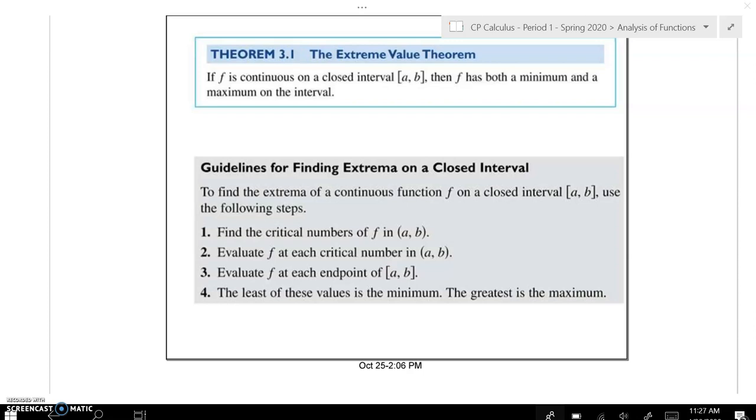What we're going to focus on today is the critical number part of all that, because the critical number part is what's going to get us the locations at which we are transitioning from increasing to decreasing or vice versa, and those points at which we're going to have a relative max or a relative min.